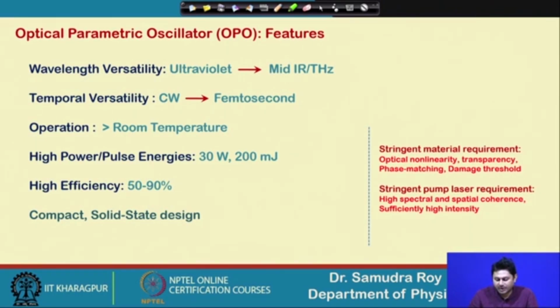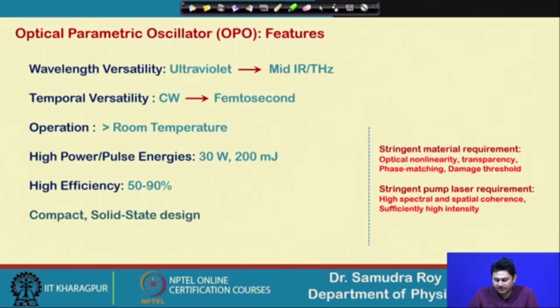Also there is the stringent pump laser requirement, because in this case also we need to excite the system by launching some kind of pump, and then because of the nonlinearity, the vibration of the dipole inside and some kind of frequency mixing occurs. So, we have the splitting of one pump photon into two different photons of frequency omega s and omega i, by maintaining energy and momentum conservation. A strong pump laser is still required to excite such a system.